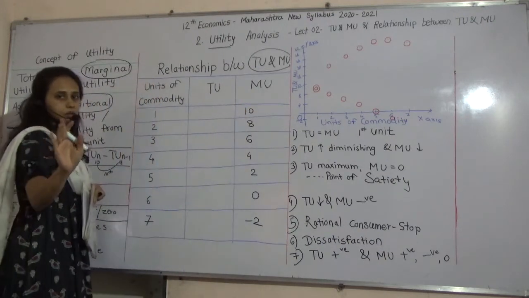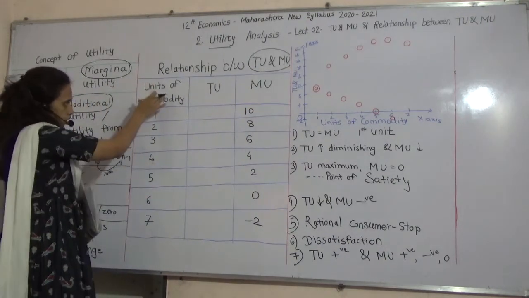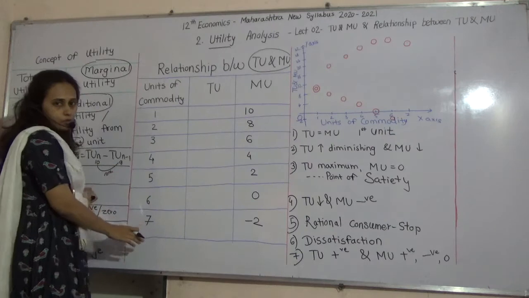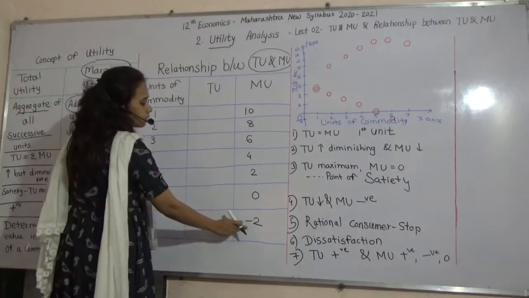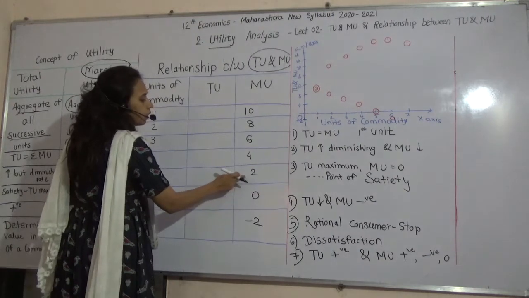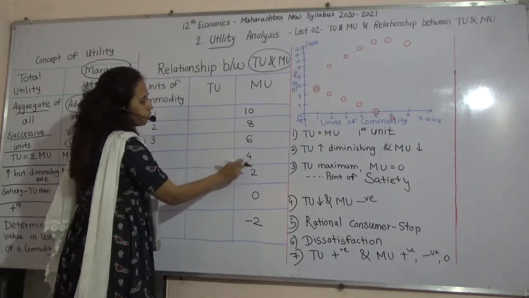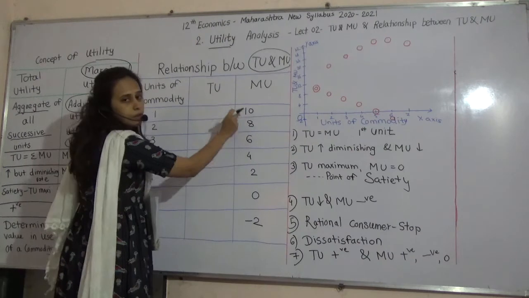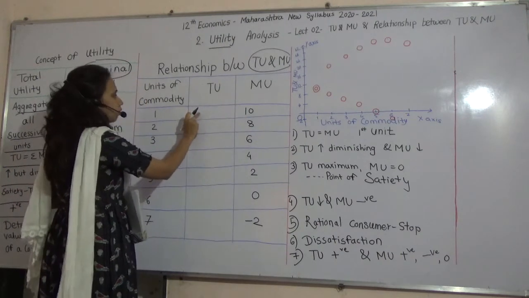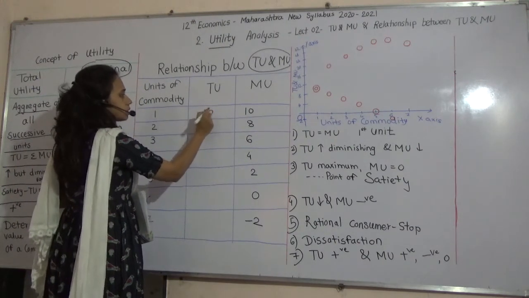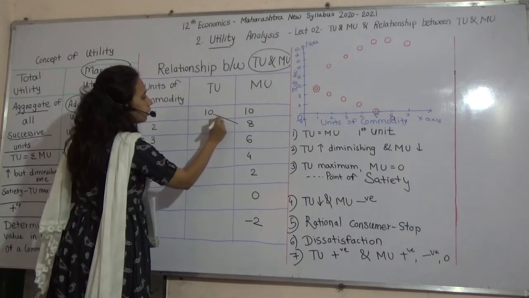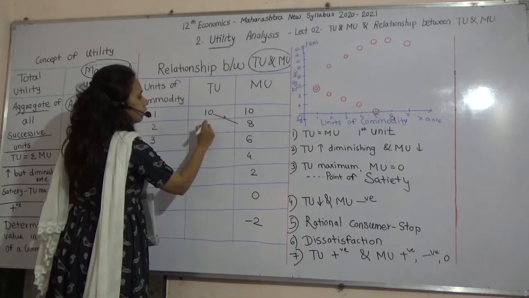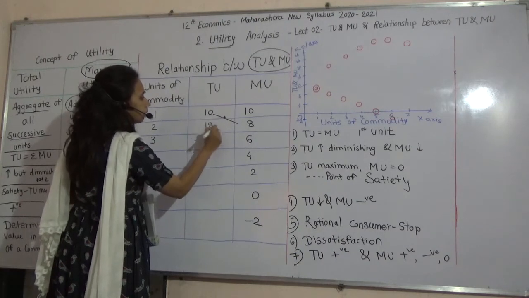I have started with the units of commodity, a total of 7 units we are going to consume. In that, the last unit is -2, 0, then I have written 2 stable, 2, 4, 6, 8, 10. Now obviously the first unit will be the same, so TU is the same. If you add 10 plus 8, you will get 18.